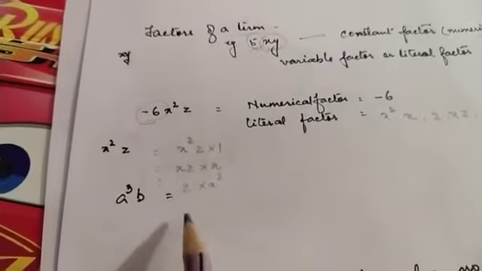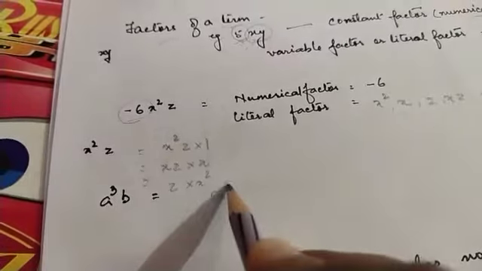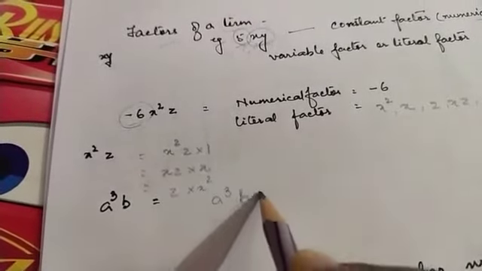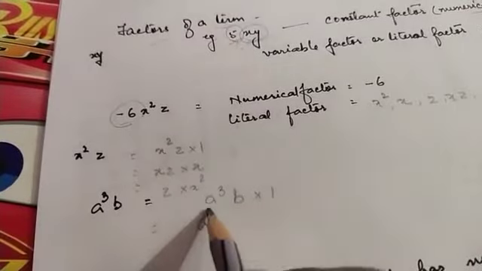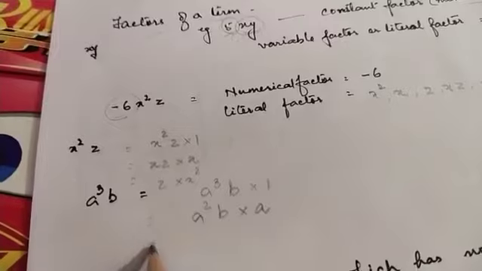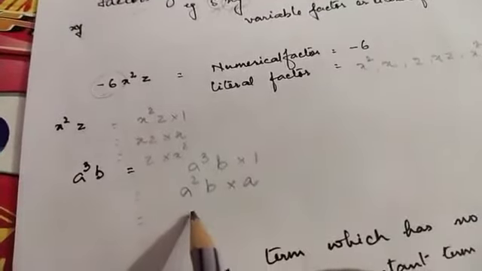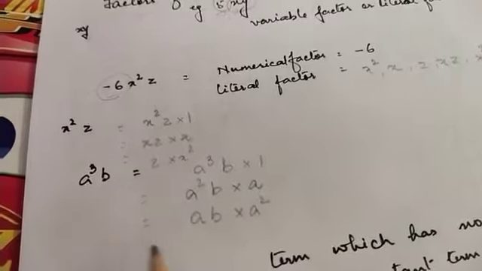Then come to a cube b, another example. We can write this as a cube b into 1. Then a square b into a. Then we have ab into a square.